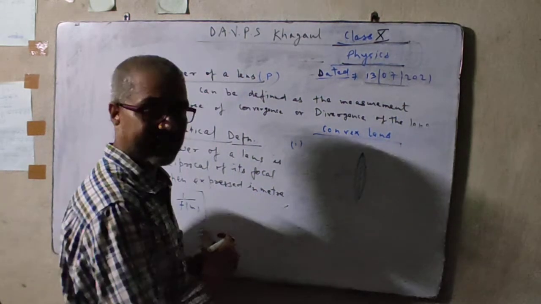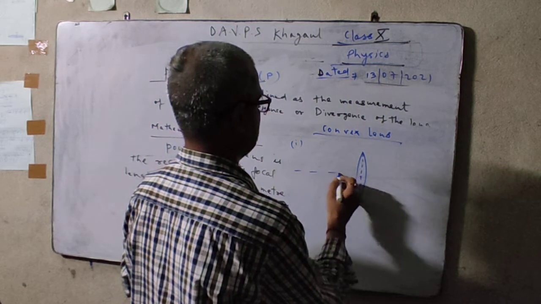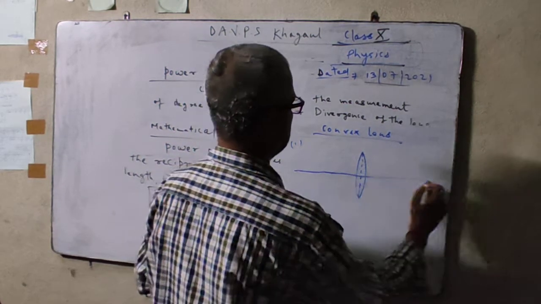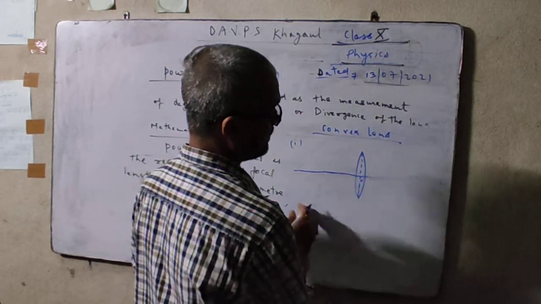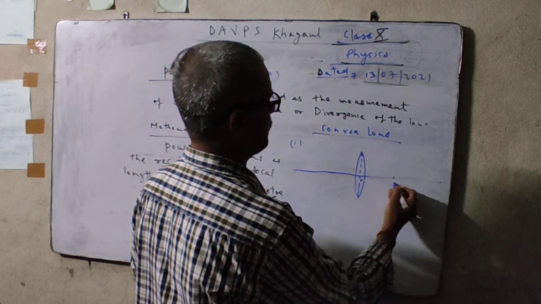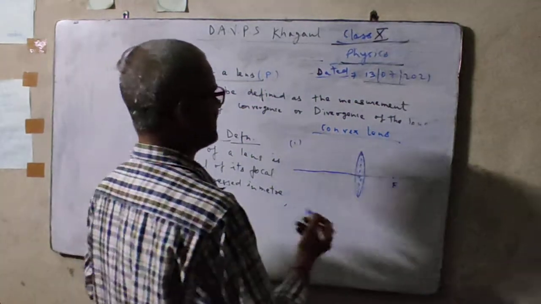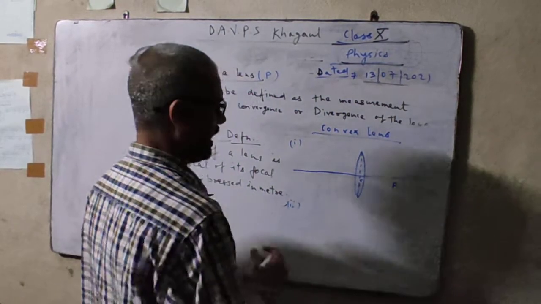This is the first convex lens. Principal axis, optical center, and focal length, greater focal length. Second convex lens having less focal length.